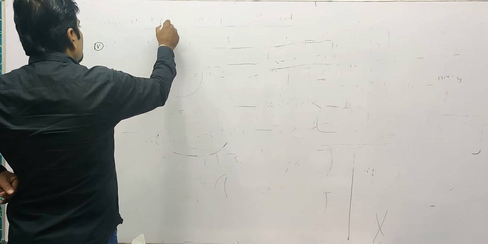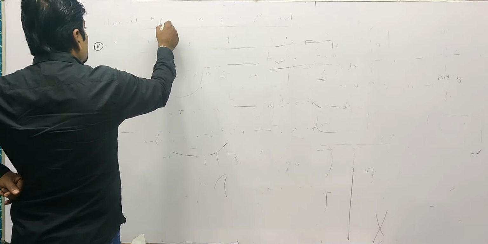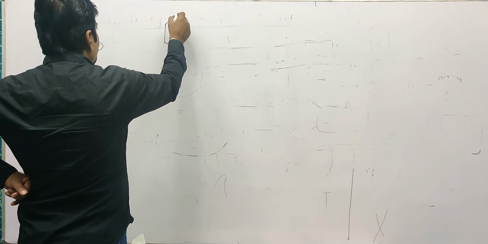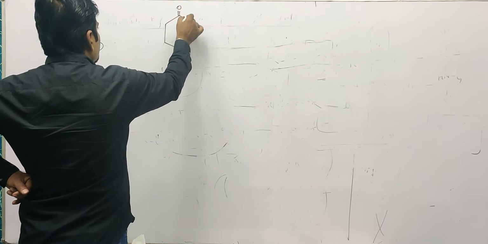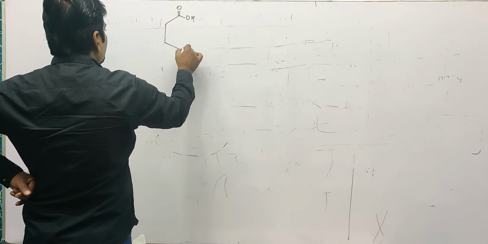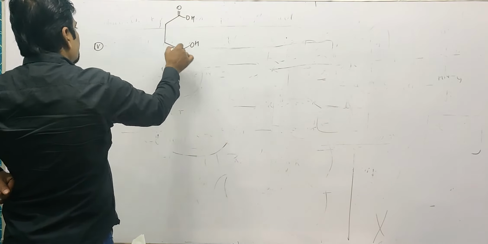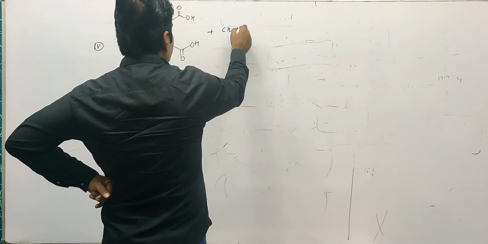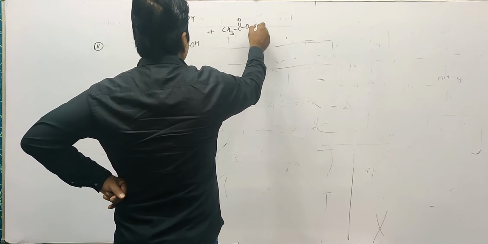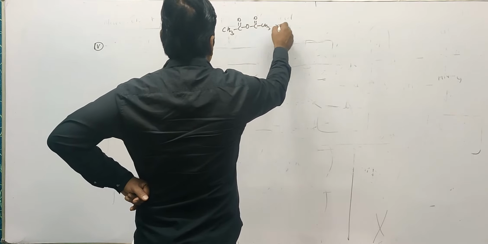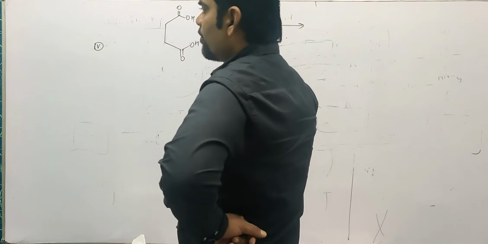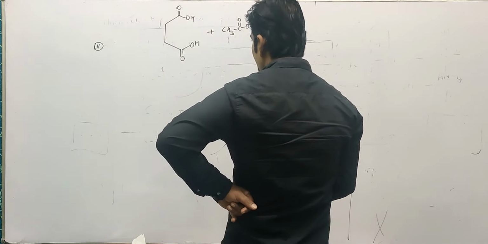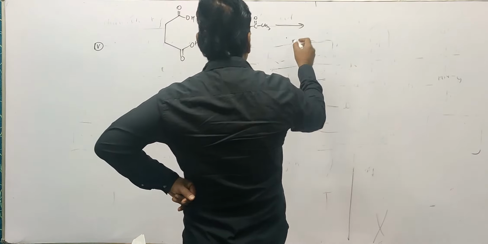For example, suppose we have 1,4-dioic acid. Succinic acid is 1,4-dioic acid: 1, 2, 3, 4. When it is heated with acetic anhydride, CH3 C double bond O, O C double bond O, CH3, instead of undergoing an anhydride exchange reaction, it forms a 5-membered ring.